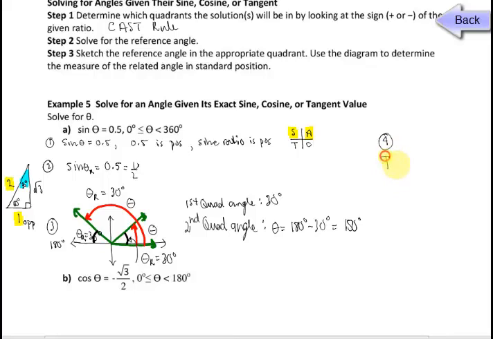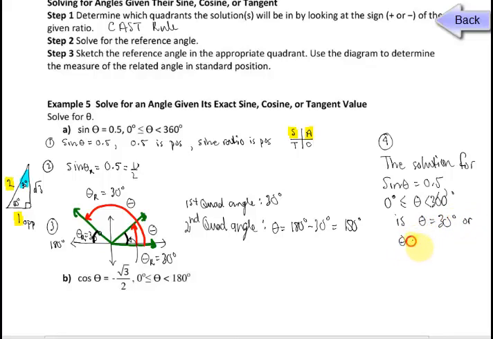So the solution for sine of theta equals 0.5, where theta is between 0 and 360 degrees, is that theta could be 30 degrees or 150 degrees.